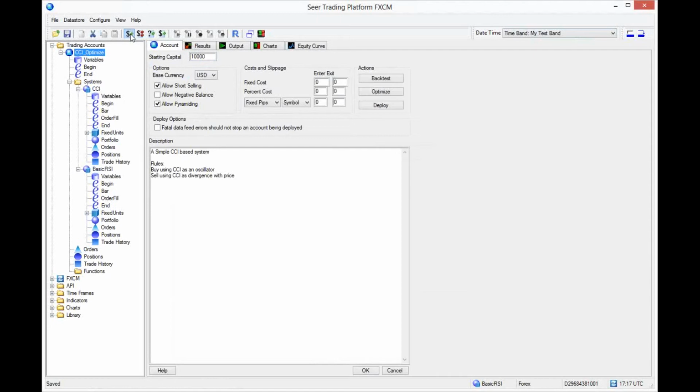So I'm going to click backtest. It's going to take just 2 minutes. So bear with me while I go silent for 2 minutes while this backtests.